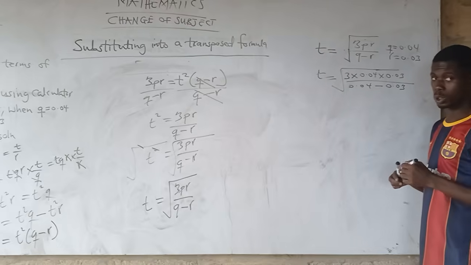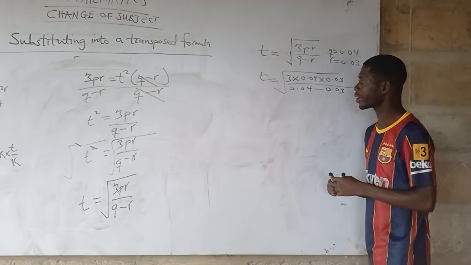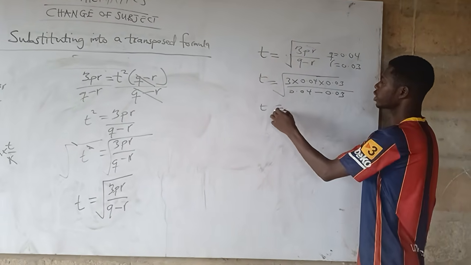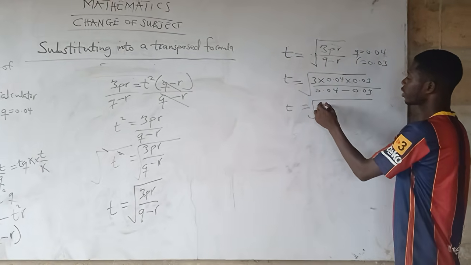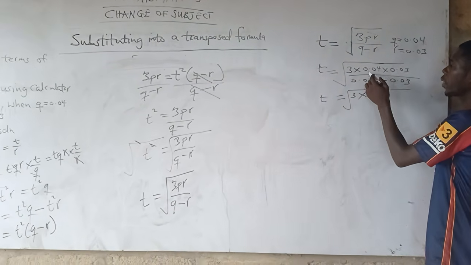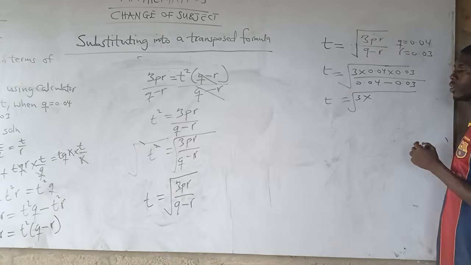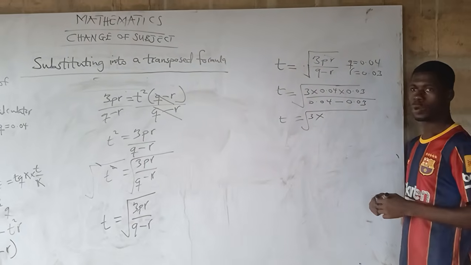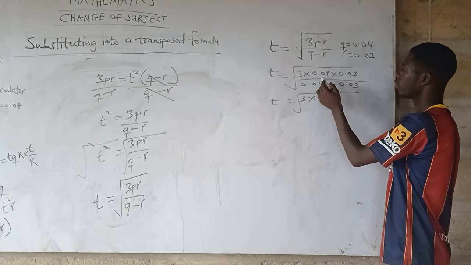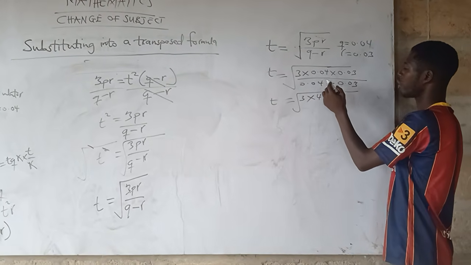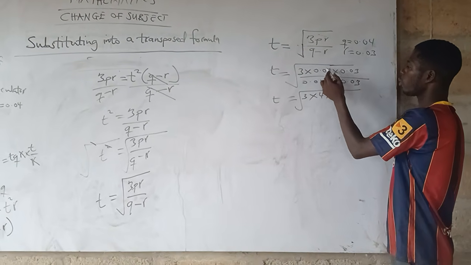But the question is we are not supposed to use calculator, right? So we are leaving this one in standard form. So 4, we move 1, 2.